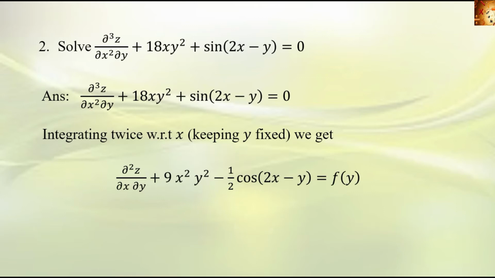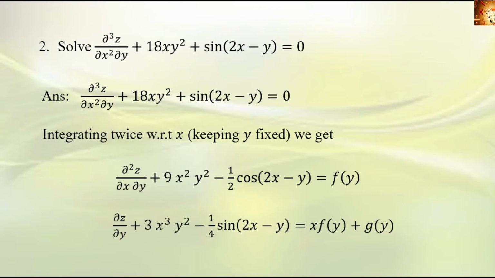So this is minus 1 by 2 cos of 2x minus y, which is equal to a constant, that is f of y. Then again integrating with respect to x, we get dou z by dou y plus 3x cube y square minus 1 by 4 sine of 2x minus y equal to the integral of f of y with respect to x, that is x f of y plus again a constant taken as g of y.